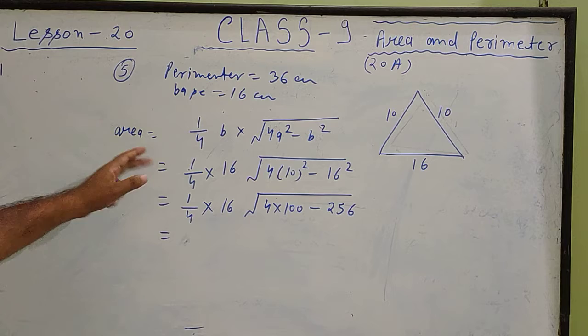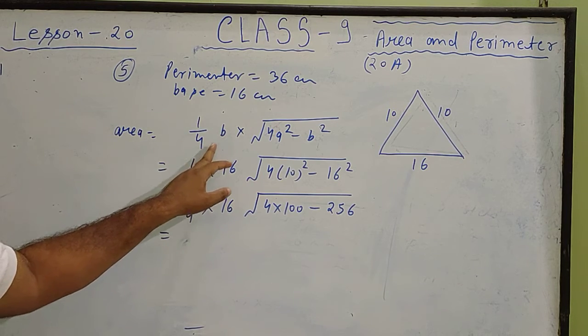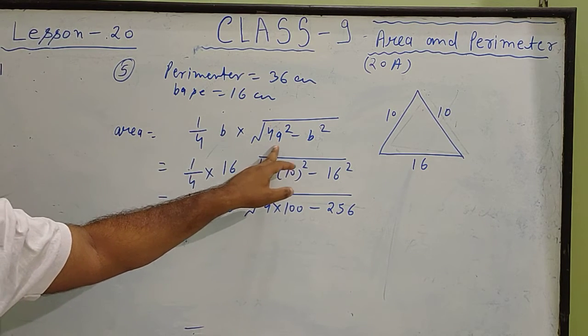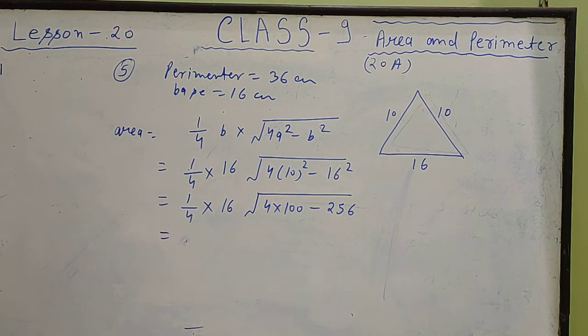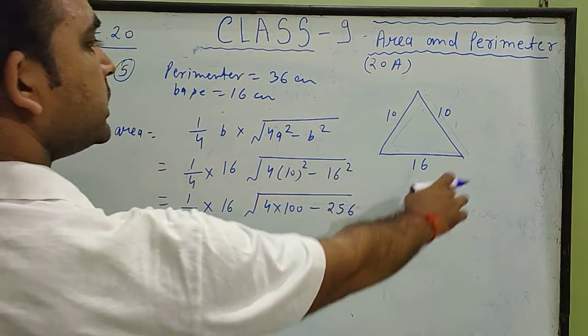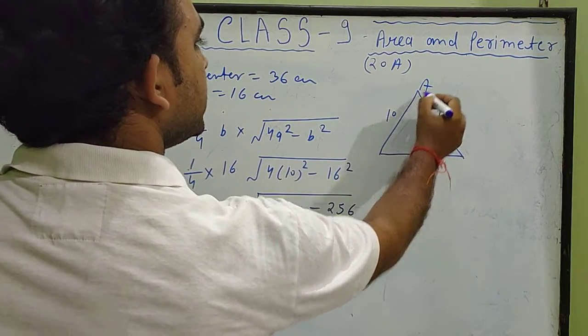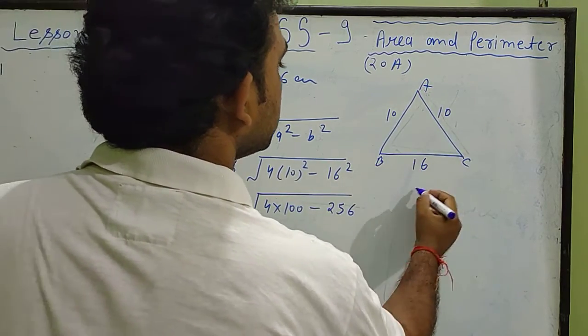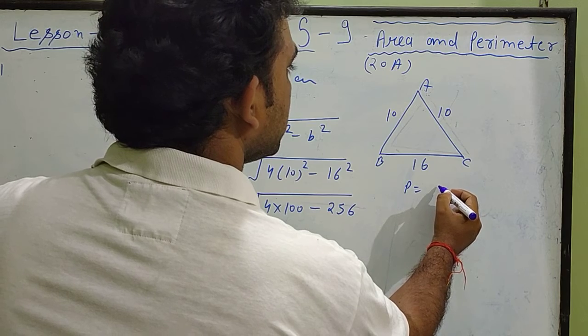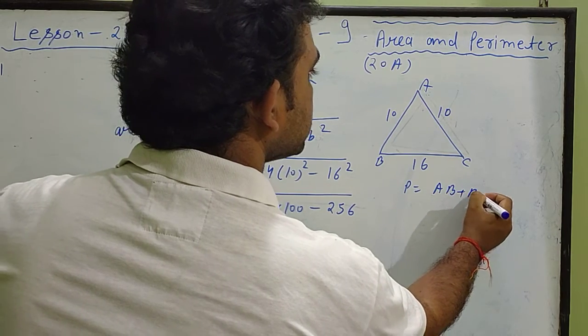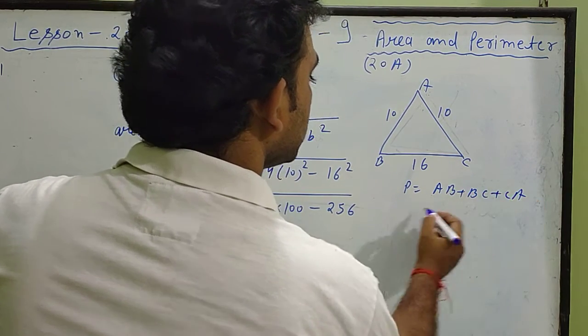Okay, so the formula of an isosceles triangle is 1 by 4 b under root 4a square minus b square. Base is given 16 and perimeter is given 36. In triangle ABC, perimeter is equal to AB plus BC plus CA.